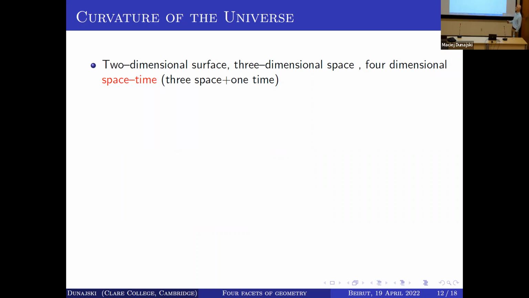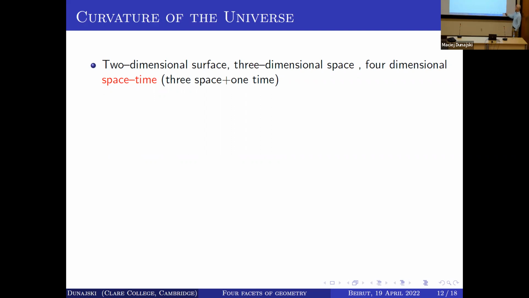Here I want to present it as the curvature of the universe. It will be a big jump, and I'm being vague about concepts because it's difficult to be precise, although one can try.